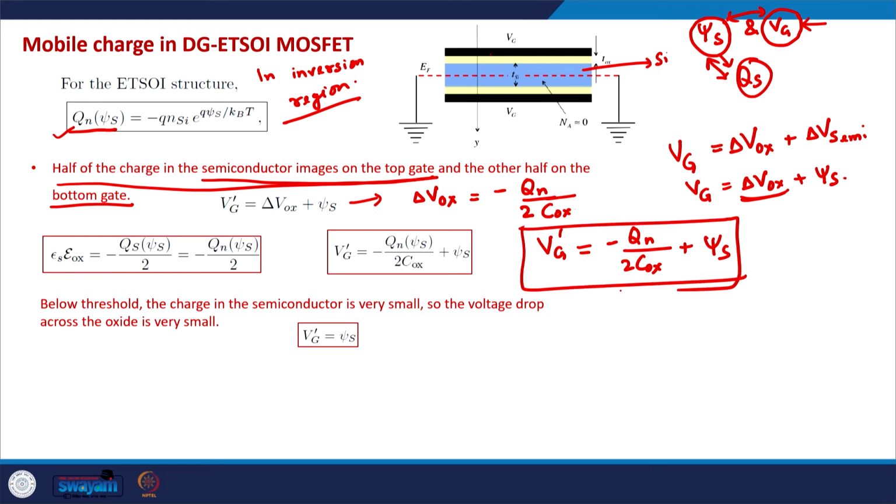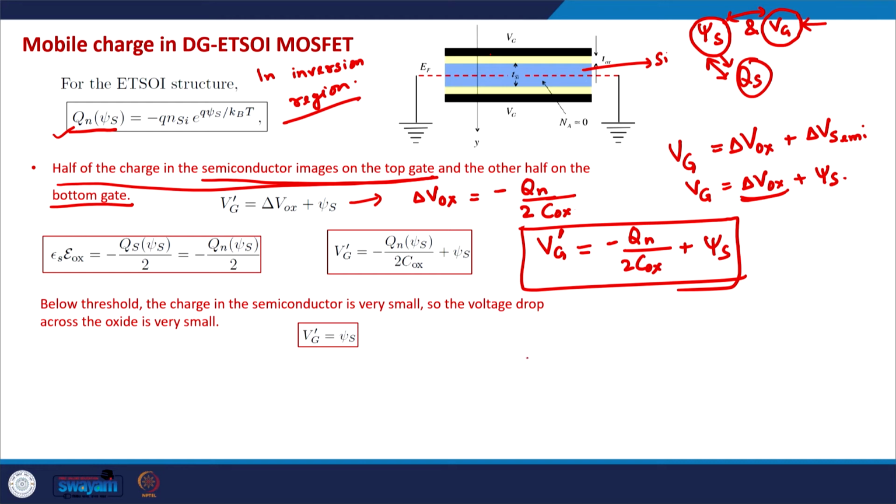And just to remind you, this prime is there because we are not writing down the flat band voltage here. If we explicitly consider the flat band voltage, in that case we can just write Vg there.